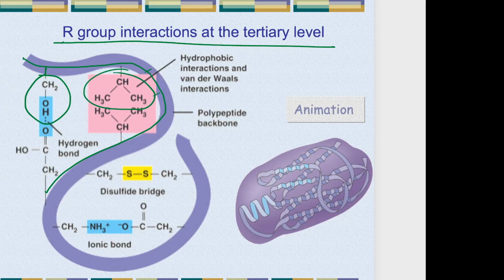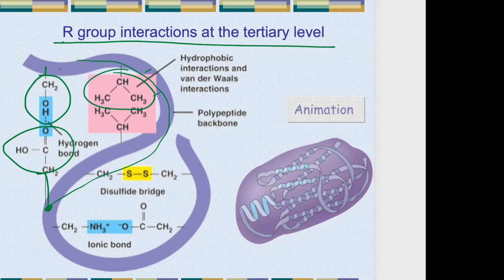And you can see here how the chain has taken a U-turn so that the R group sticking off of this amino acid down here is interacting with the R group sticking off of this amino acid all the way up here. So these two amino acids, amino acid A and amino acid Z, are not side by side.